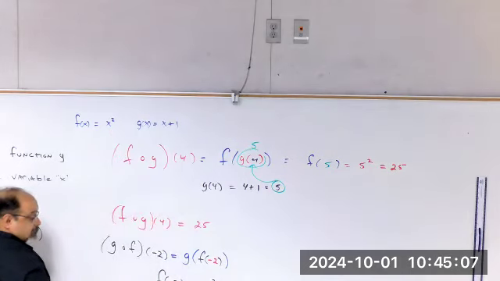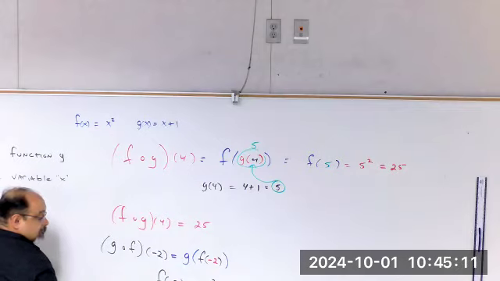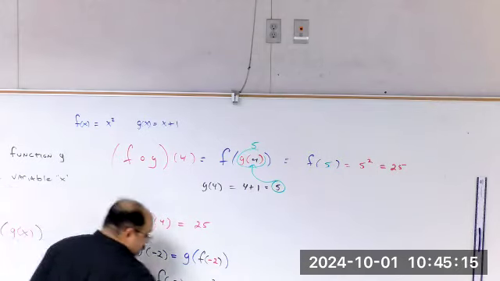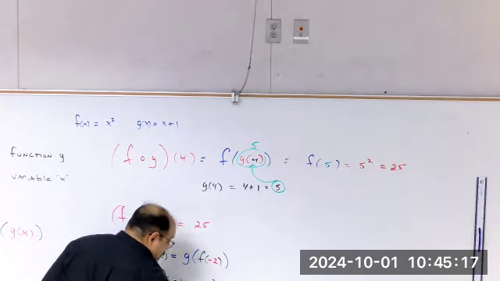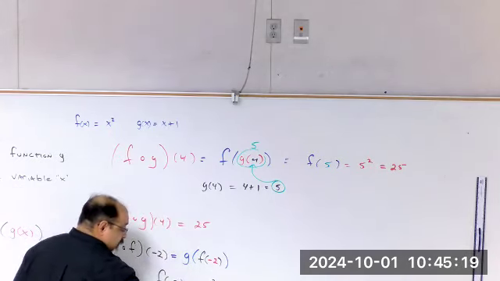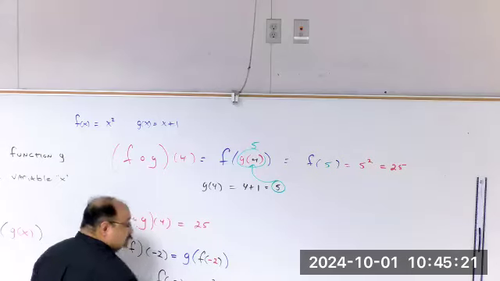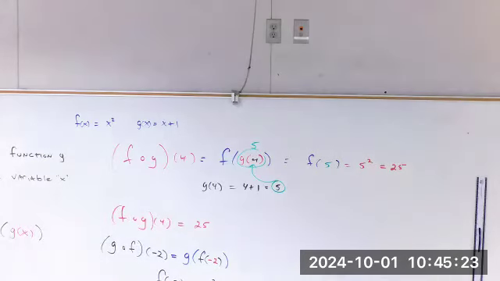So what do I get? What's that equal? +4. If you don't put parentheses and you get +4, you will lose a point, because this -2 without a parentheses does not equal +4.